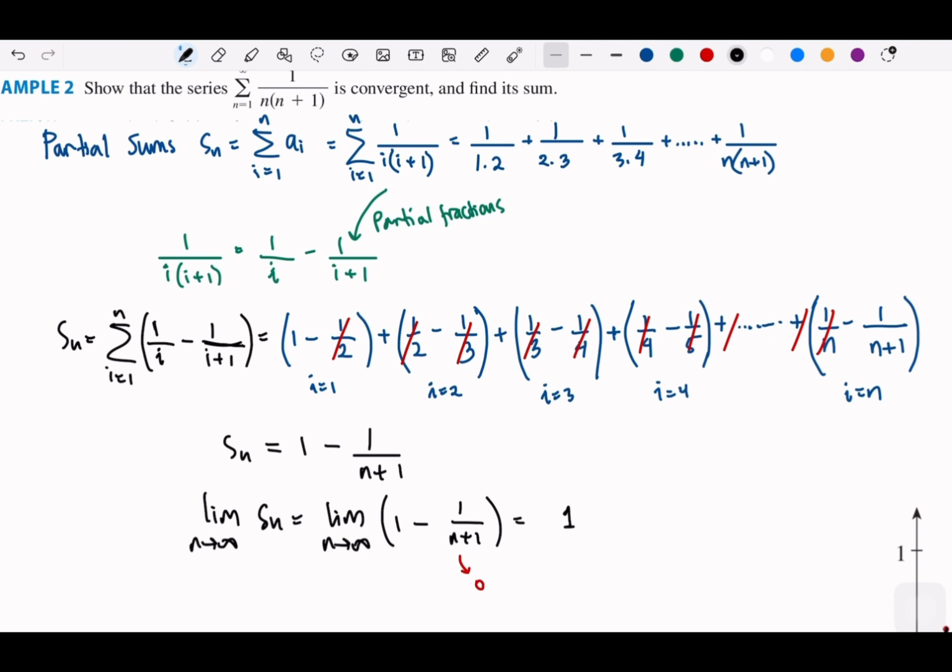Therefore, we can say that the sum of 1 over n plus 1 is equal to 1, and therefore the series is convergent.